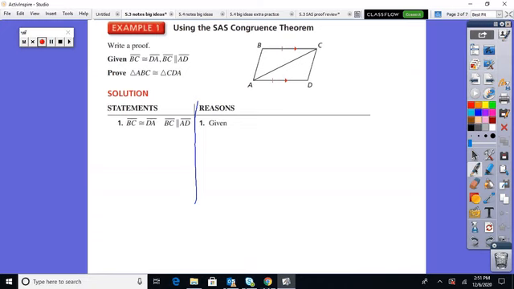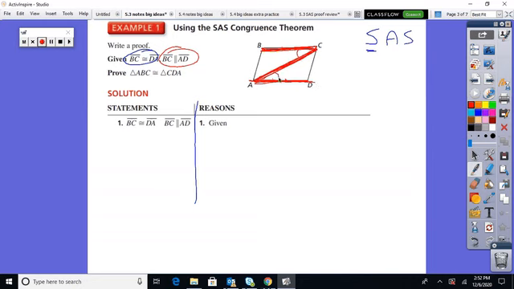You know you're going after SAS, so you're going to need 3 different elements. Well, they just straight up gave you one of them. So there's one of your sides. Now we have to get the other two things. When we talked last section about parallel lines, BC is parallel to AD. You can use your transversal and highlight the two angles that are going to be congruent as a result, by alternate interior angles.